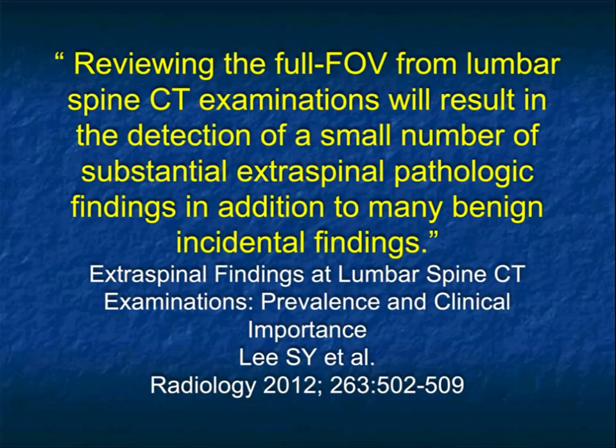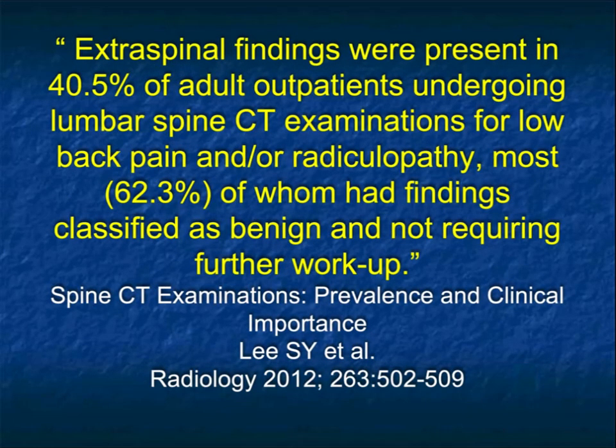But having back pain, there's a million reasons, from aneurysms to kidney disease to many different things. And this article by Lee made that point. Extraspinal findings were present in 40% of adult outpatients undergoing lumbar spine CT exams for low back pain, most of whom had findings classified as benign.